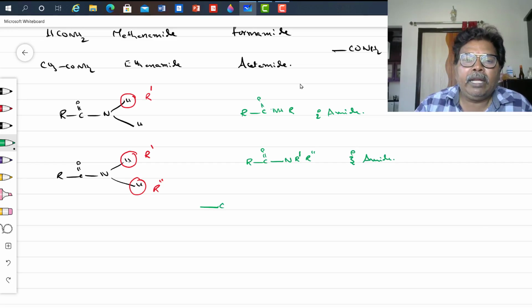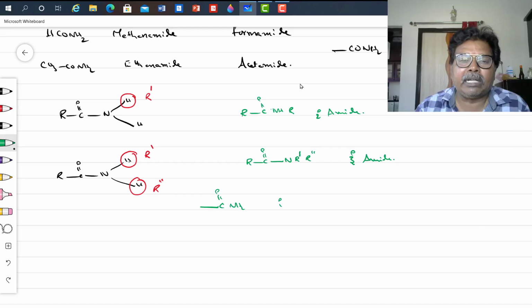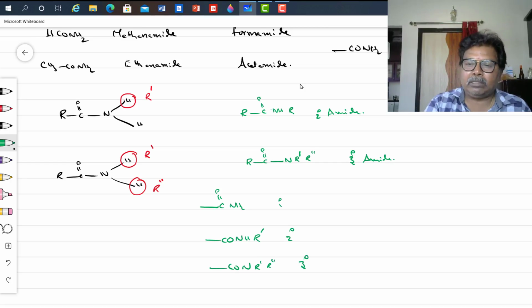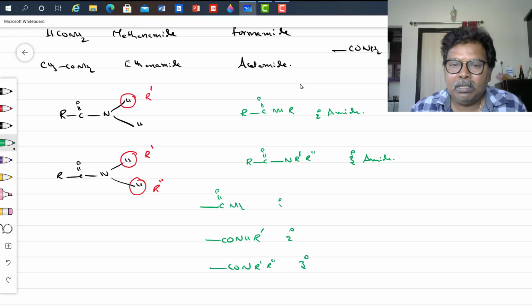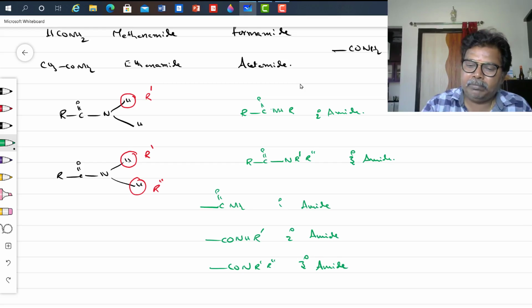So CONH2 is primary amide strictly speaking, CONHR a secondary amide functional group, CONR dash R double dash, this is the tertiary amide functional group. Remember primary amide, secondary amide and tertiary amide functional group.